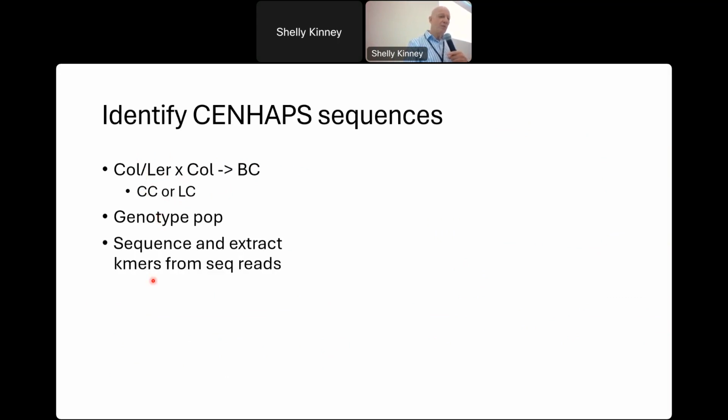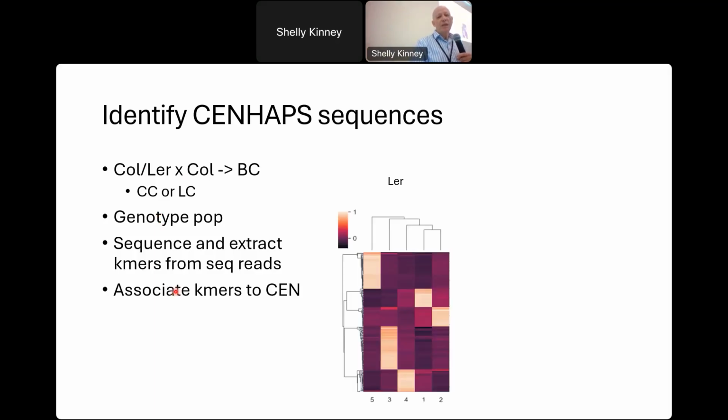You genotype these by common genotypic markers, and then you extract k-mers. K-mers are a little snippet of sequence, and you extract high copy number k-mers, which have to be some type of repeats. Then you associate them and generate a matrix, and if you have synapse, you form these distinct blocks that correspond to each of the 5 centromeres.